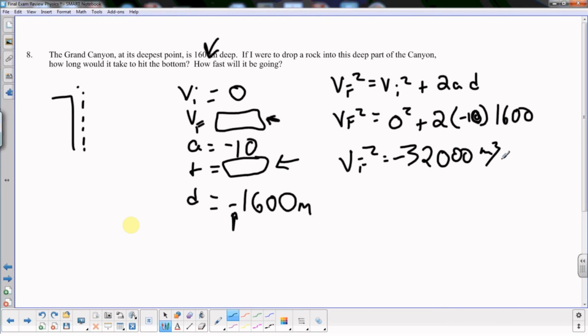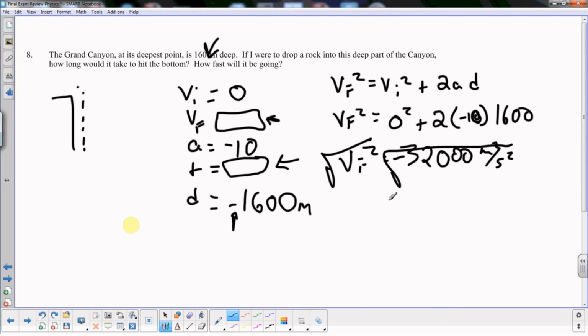And again, that's all the algebra up there with the units, which I'm skipping over. Square root. And you're taking the square root of a negative number. That's a big time no-no. But because we're dealing with a vector, we're just saying that this 32,000 is a negative direction, which means we're dealing with something going down. So we can kind of ignore that negative and then plug it back in.